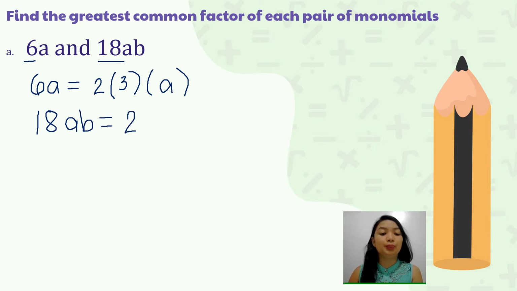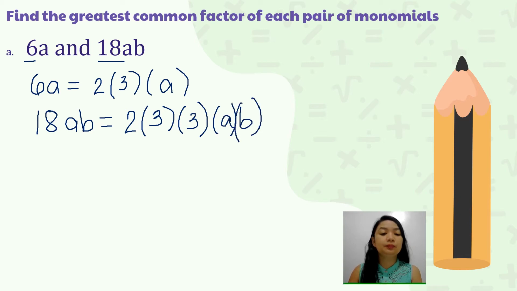We can further subdivide 9 into 3 times 3, correct? So we have 2 times 3 times 3 times a times b. These are the factors of 6a and 18ab.